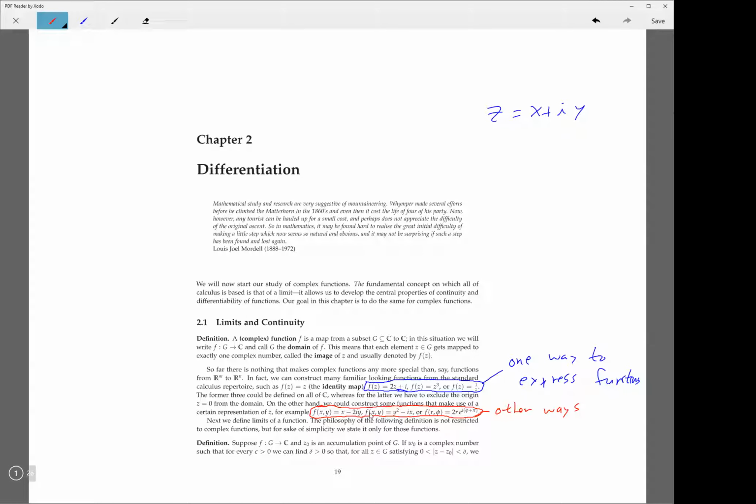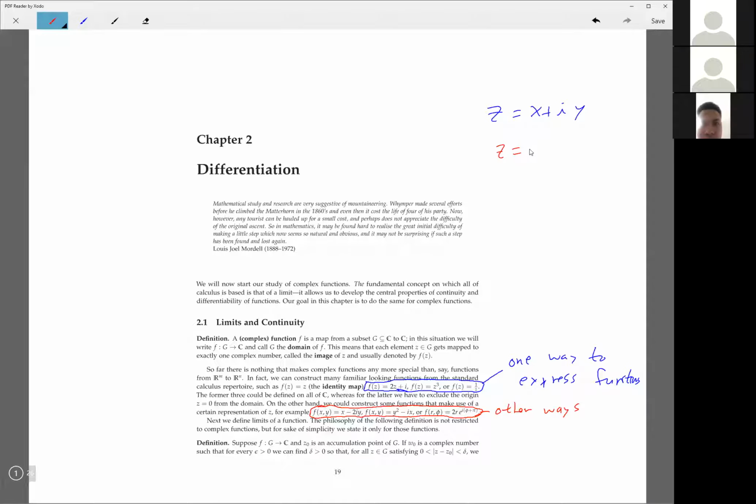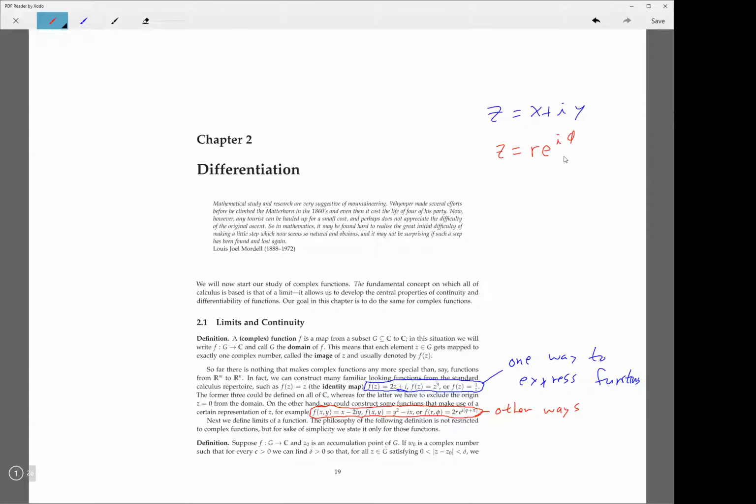So another way is to write it in terms of x and y instead of z's, or even in terms of r and theta, r and phi. Remember z is equal to r e to the i phi. The r and phi would be from the domain part. There are different ways of writing it.